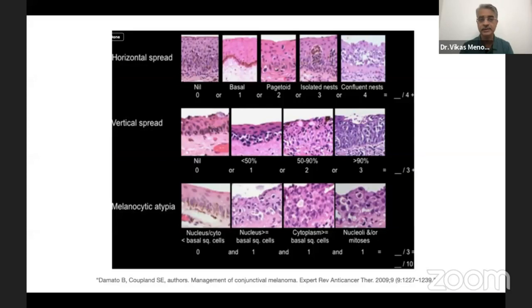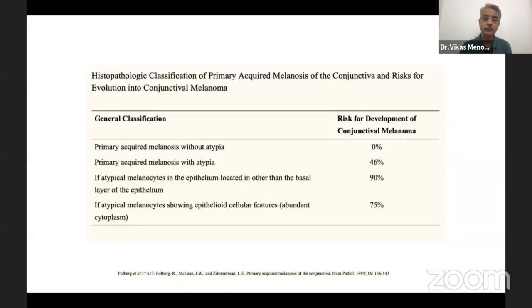There is also a detailed classification and scoring of these CMIN lesions for people who are interested to go into more detail. But on average, what we need to understand is that these patients may have up to a 46% chance of conversion to melanoma if they have atypical cells, or they are called CMIN or PAM with atypia.